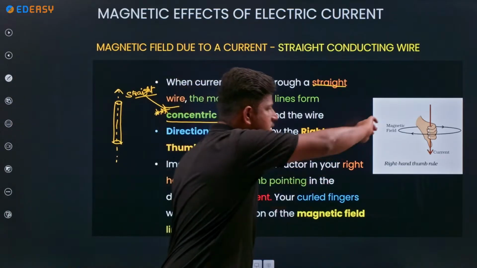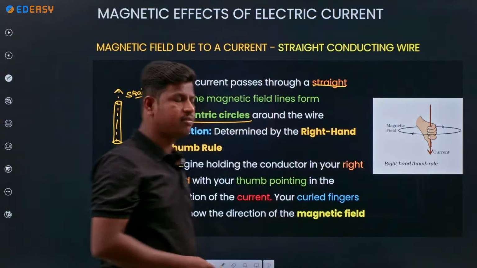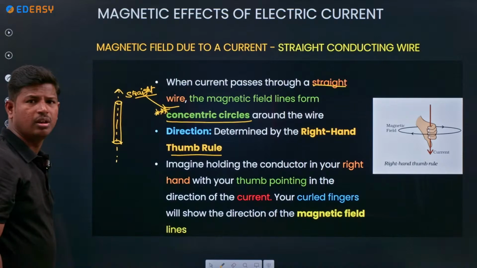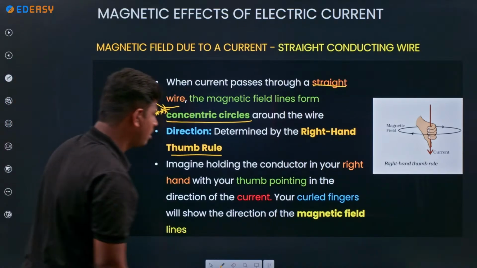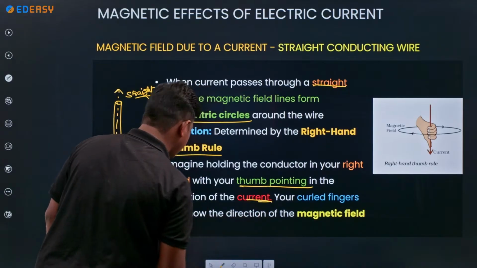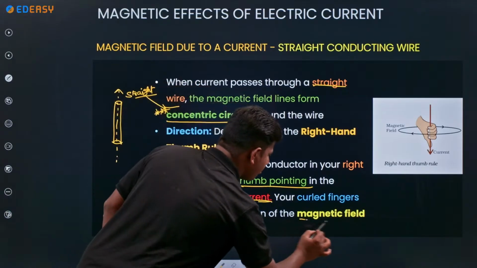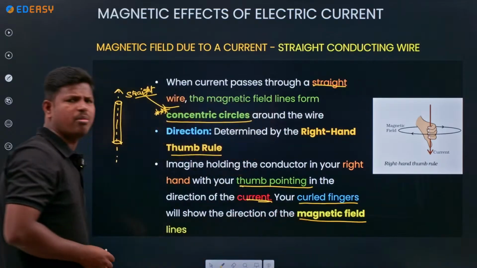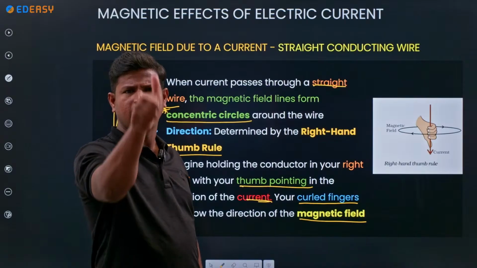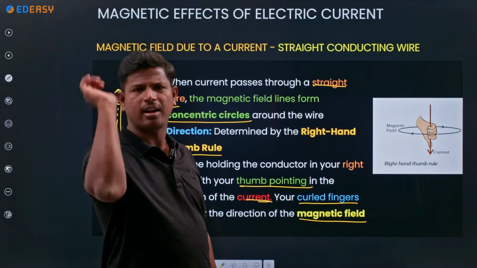Look at the diagram. Circles will be produced. And we follow the right hand thumb rule. Thumb represents current and curl fingers represent the magnetical field lines. Remember, thumb is current, curl fingers are magnetical field.